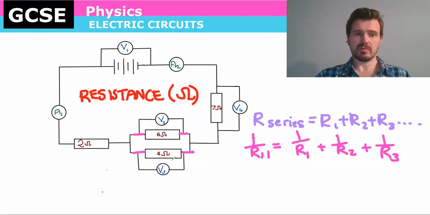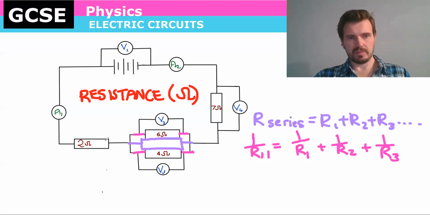So the first thing I want to do is calculate the resistors in parallel. And the reason for that is because then, if I calculate the total resistance of the 6 ohm and the 4 ohm resistor, I can then treat that as one resistor, which will then be in series with the 2 ohm and the 7 ohm.